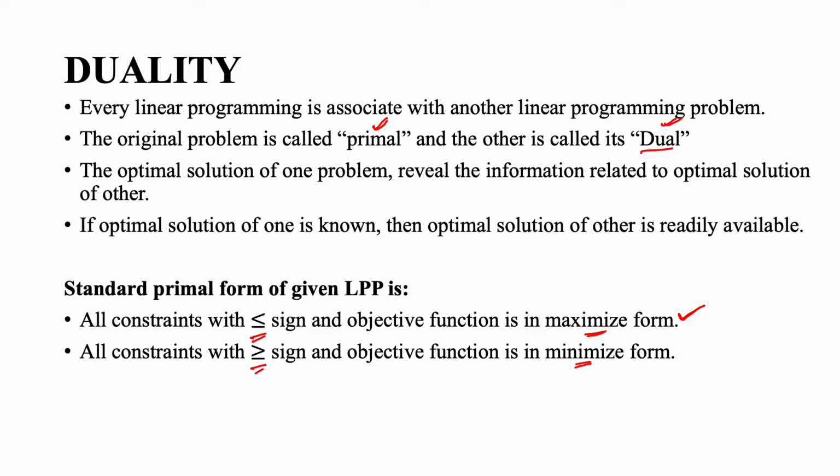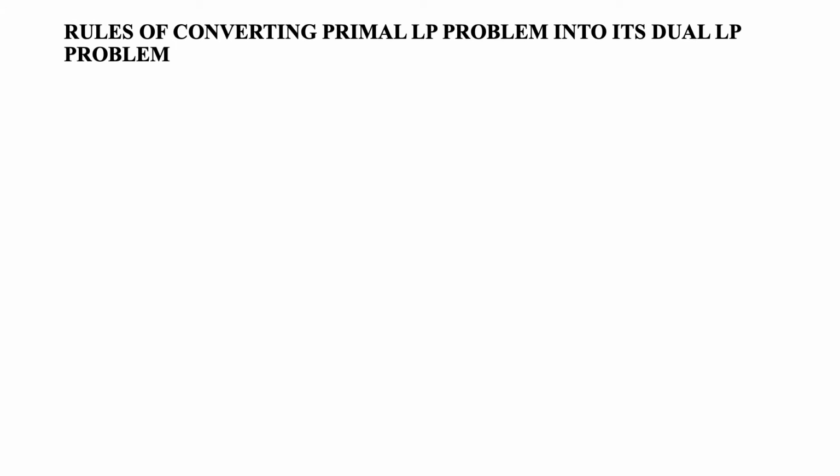So always we have three steps. First, convert our given primal problem into a standard primal problem, and after that we will convert it into dual form. So first we are going to see how we can convert any primal problem into standard primal form. Now we are going to see the steps or rules for converting a primal LP problem into a dual LP problem.